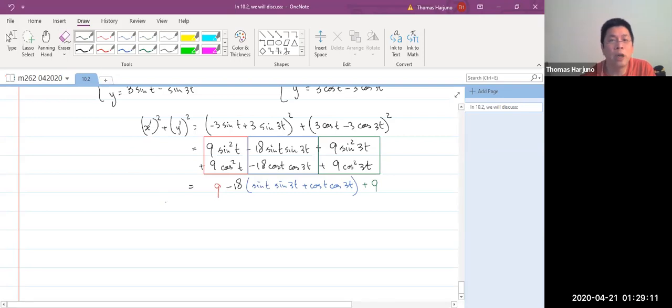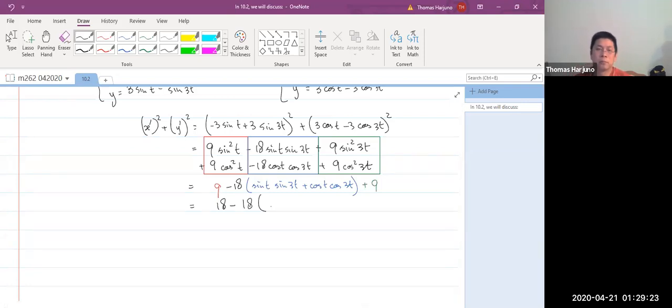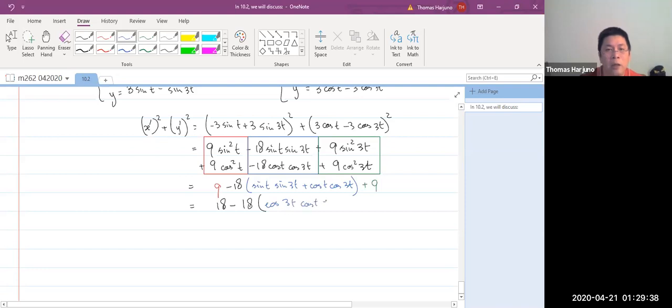Okay, put things together, I will get 18 minus 18 times, what will that be? Maybe I write it this way. The one inside the parentheses, let me write the cosine first: cosine 3t cosine t plus sine 3t sine t. What will that be?